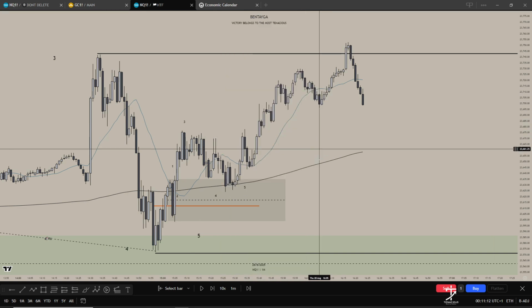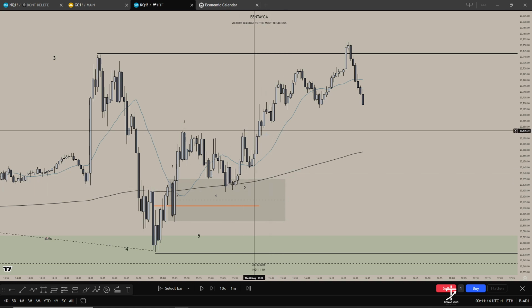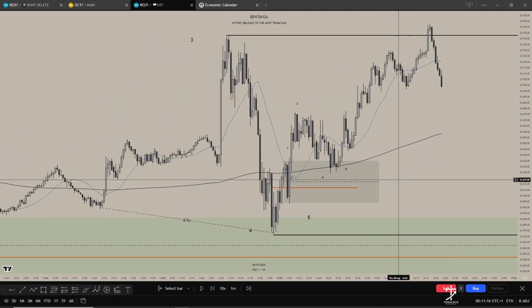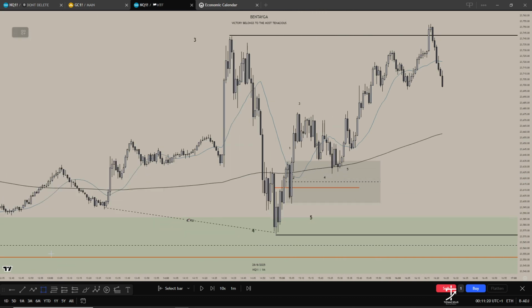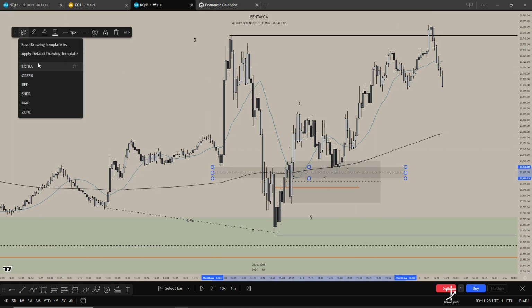So a lot of people ask me, what was my entry confirmation? So this was an area of supply and demand. That's number 1. Number 2, we're at an area of support and resistance.